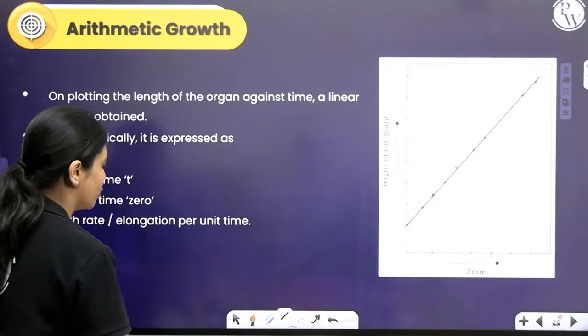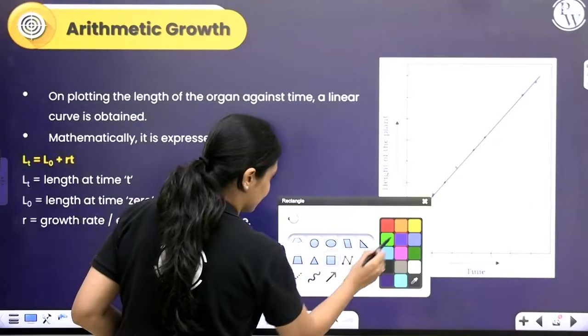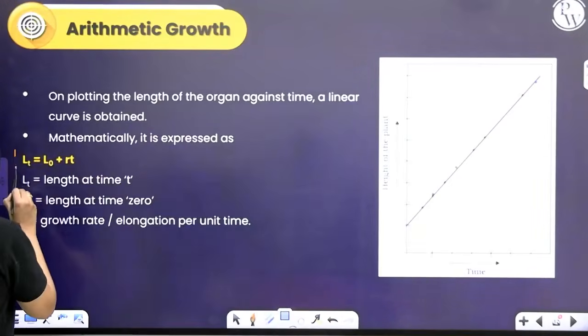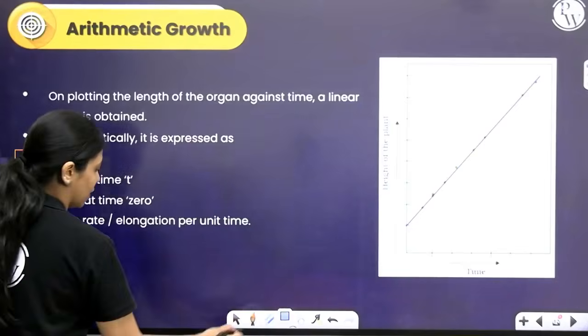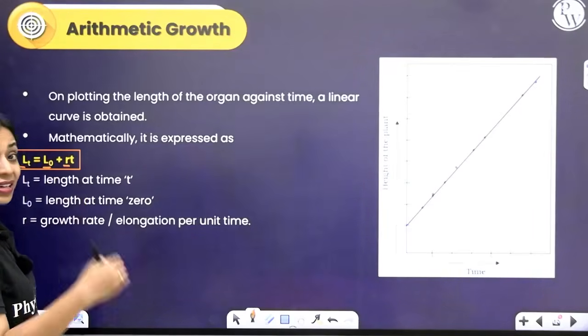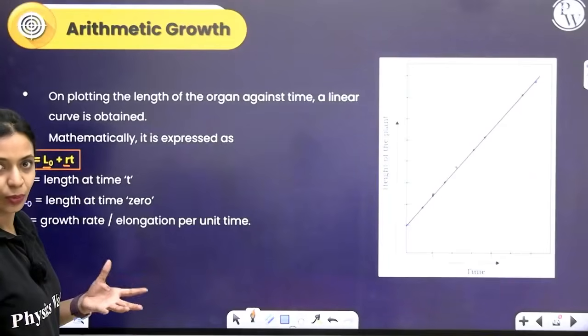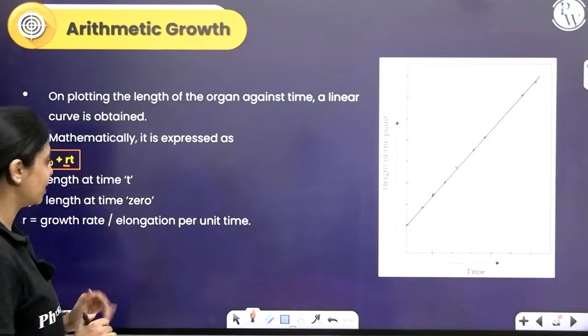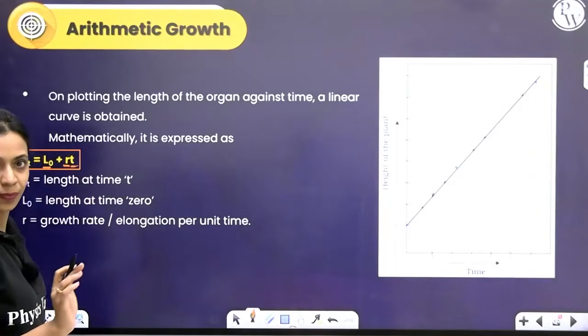Okay, if you have to express this mathematically, this is the equation where LT represents the final length, L0 is the initial length when we started calculating, R is the rate of growth, which is arithmetic growth rate, and T is the time.